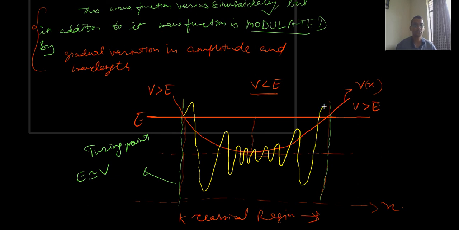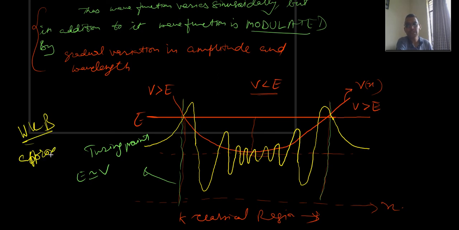That's what will happen in this region, and in the second region it exponentially decreases. So this is basically the WKB approximation. This is a very brief introduction to WKB approximation.